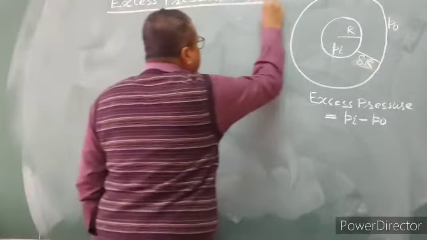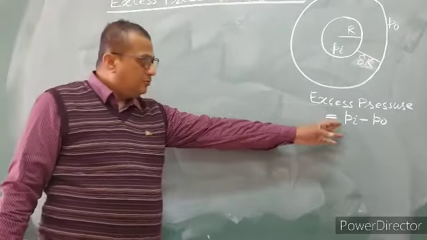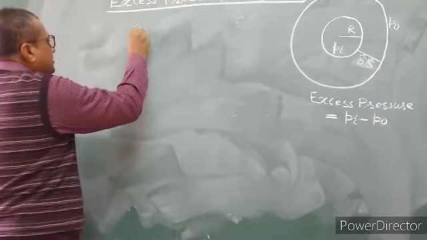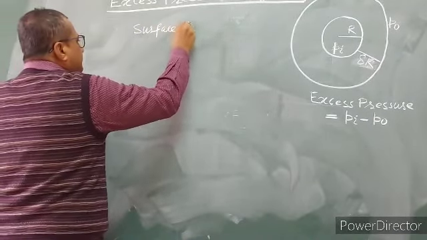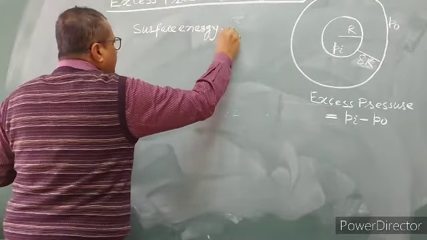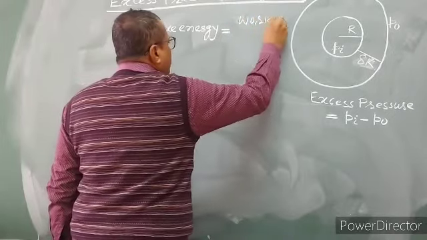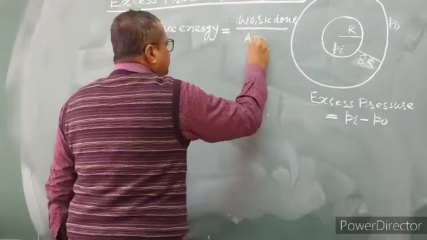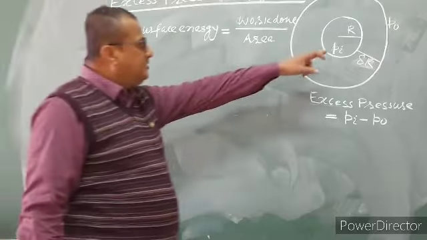How will you calculate the excess pressure in a liquid drop? We have to calculate Pi minus PO. We know that surface energy is equal to work done divided by area. Here the area is increasing.